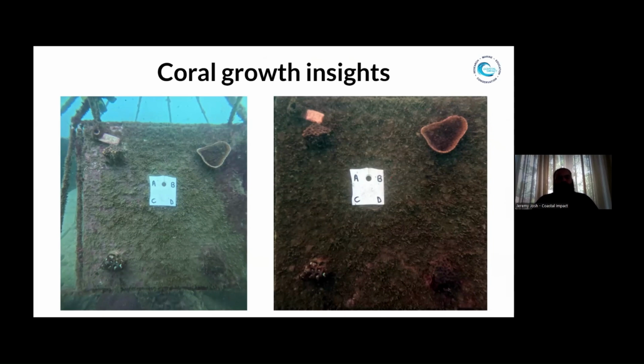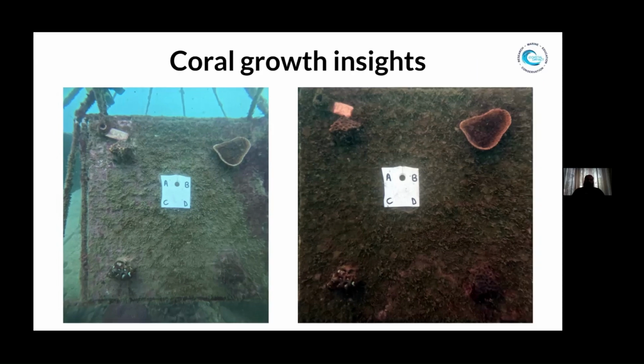So you can take an object underwater, and then you use a scale, and then you capture multiple angles of the object, and you can recreate that fairly well in 3D using a point cloud, and then you estimate the volume of that object. And this is used to basically look at coral growth over time.